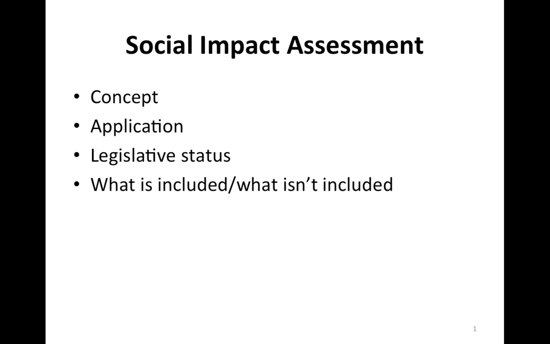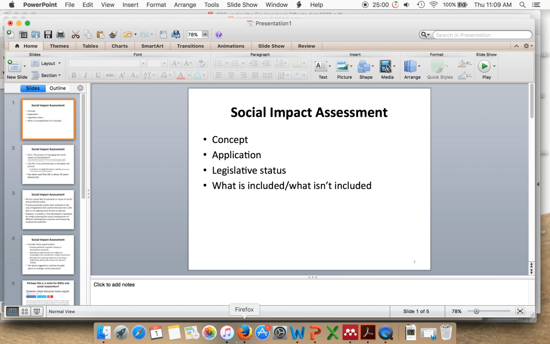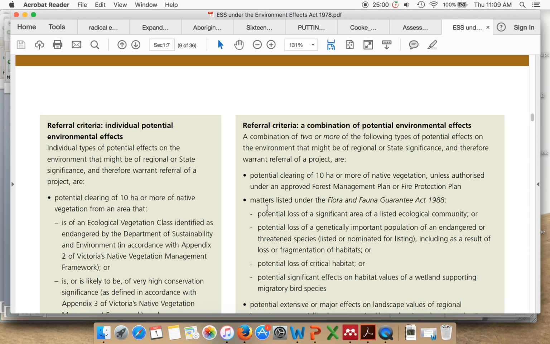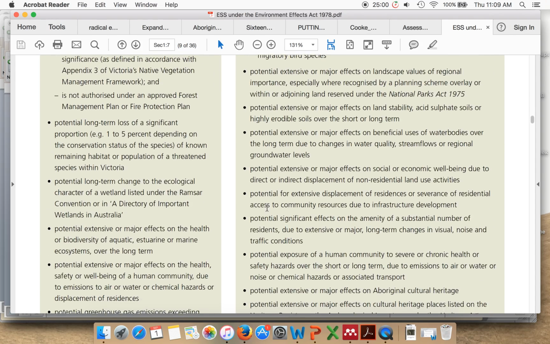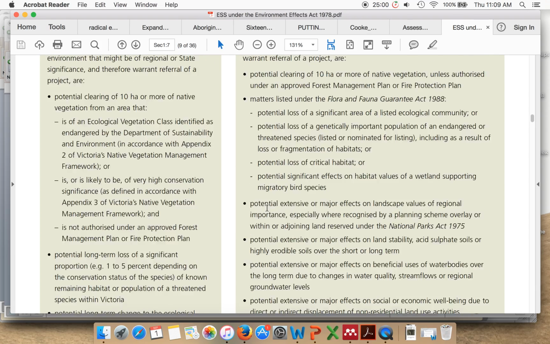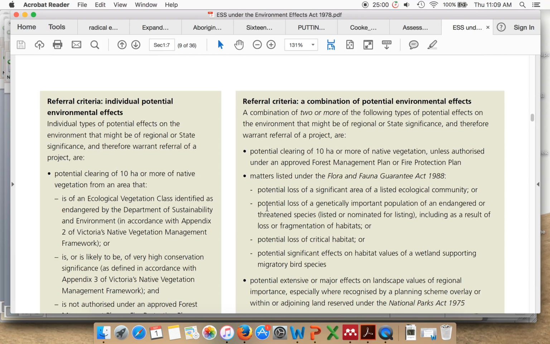So if we look at the referral criteria for Victoria, which I did mention in our last lecture, here we go. So this is page 7 of that referral document, which outlines what the triggers are for EIA for Victoria that I've put up on Blackboard under the Assessment Task 2 tab.